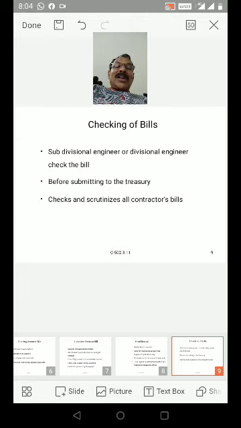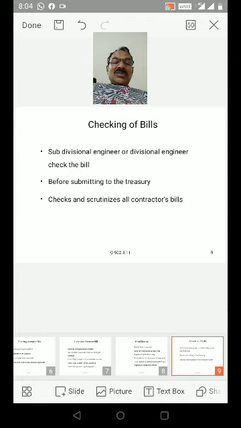Each subdivision is headed by the deputy executive engineer. This deputy executive engineer is responsible to the executive engineer, because his immediate boss is the executive engineer. The subdivision is under the control of the division.